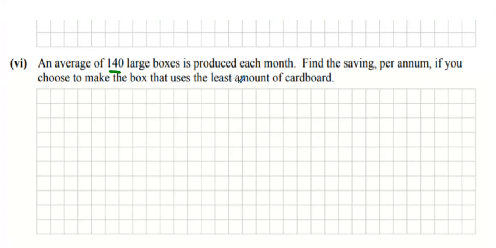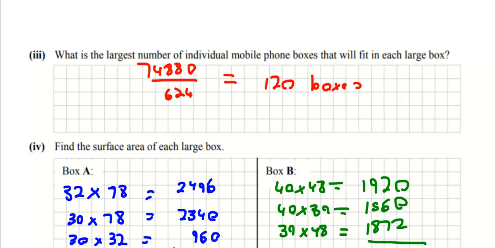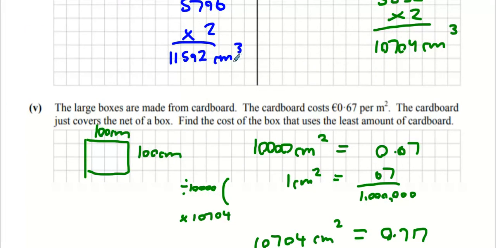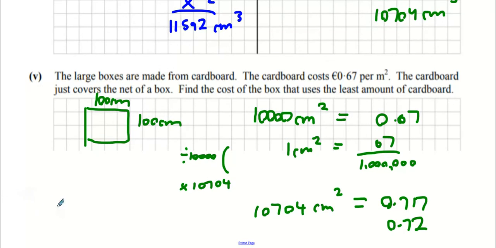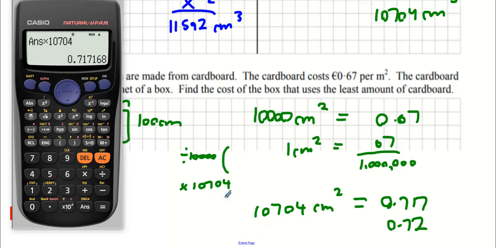An average of 140 large boxes is produced each month. Find the saving per annum if you choose to make the box that takes the least amount of cardboard. Well, as it turns out, I was going to need to know how much the more expensive one is as well, which was my initial instinct earlier on. So I'm going to have to find out how much 11,592 centimeters squared would be. So I'm just going to go back a step.